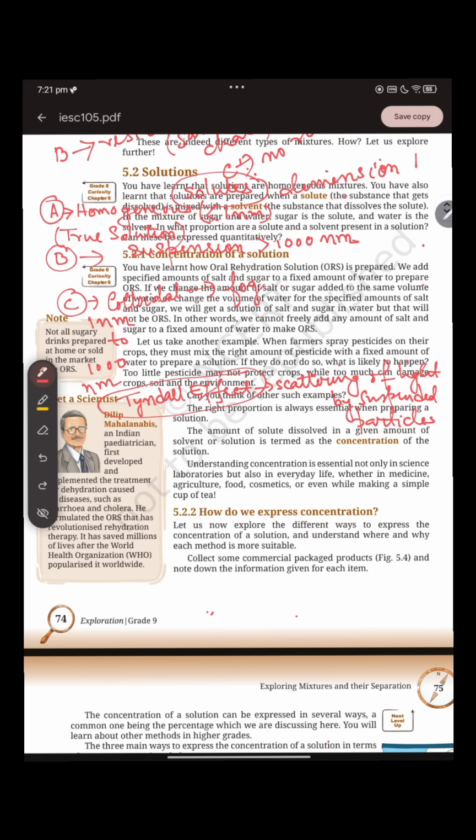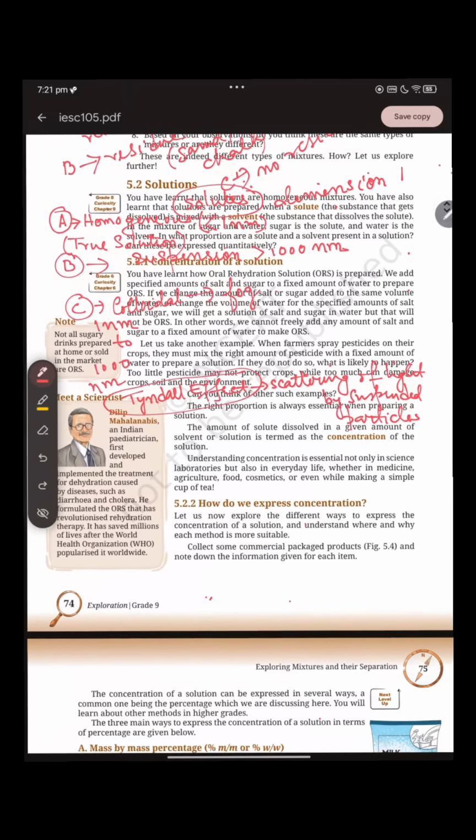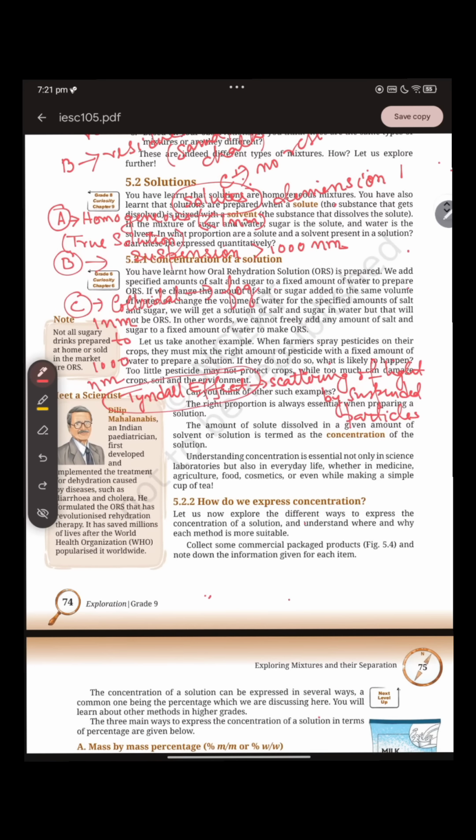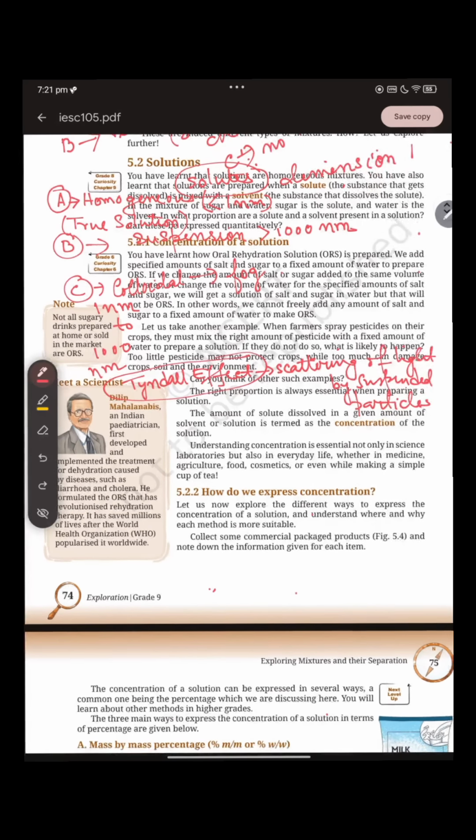When you enter a dusty room and the sunlight reaches the room through a slit in the window, don't you see suspended dust particles? Why, you know? These suspended dust particles scatter the sunlight which is projected, and this phenomenon of scattering of light by particles is known as Tyndall effect.